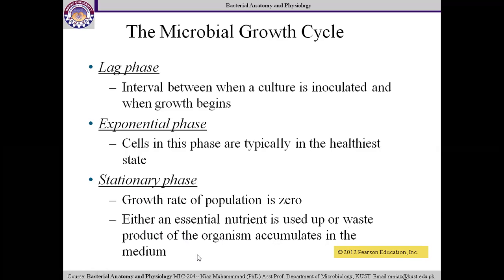Either concentration of waste material produced by microorganisms has been increased or nutrient concentration has been reduced. Therefore, microbial growth rate is zero. Neither they are going to divide, neither they are going to die, and they are in stressful condition.